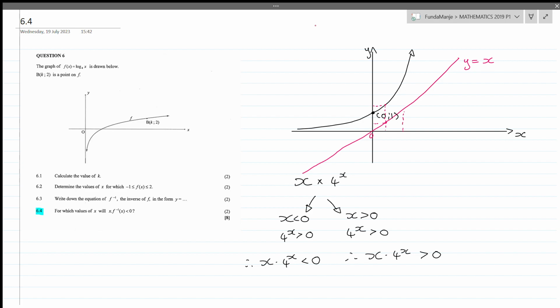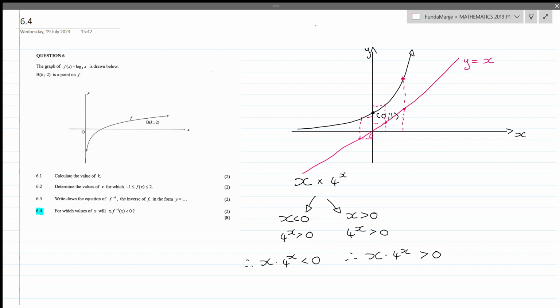Again, choose another random point, this number multiplied by that number, again another positive number. But if you choose any values to the left of this, you would have this being a negative number and this being a positive number. Negative times positive gives us negative.